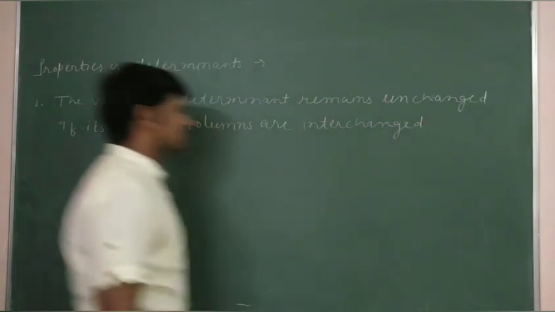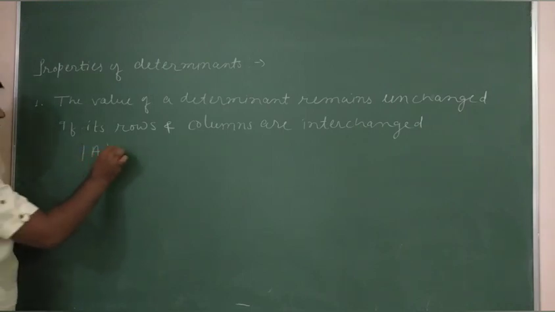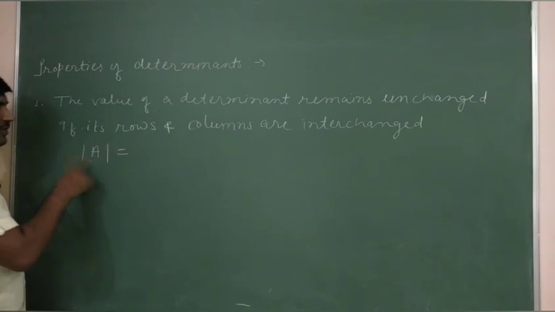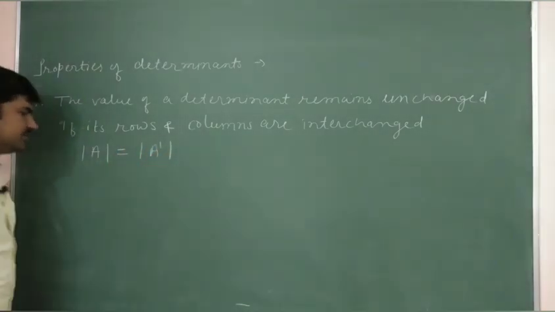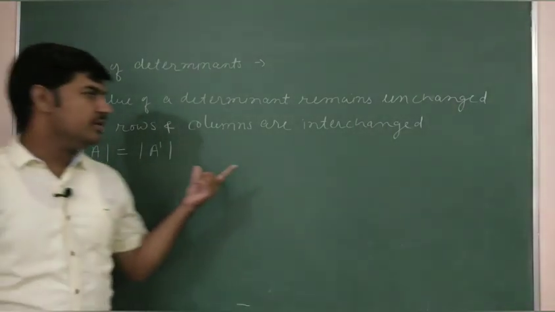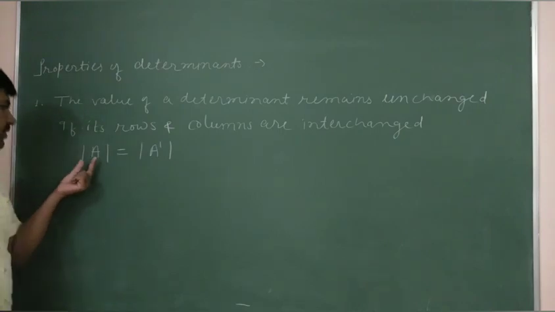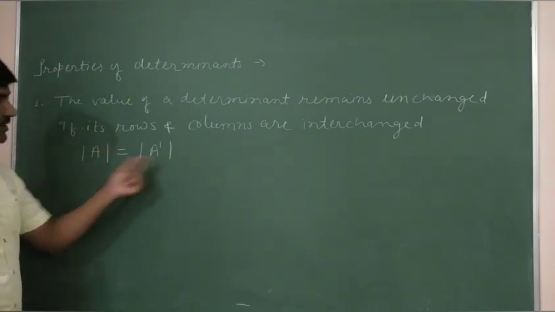Dear students, in short, we can say the property is: determinant of A is equal to determinant of A dash, because when we interchange the rows and columns of a determinant, or of a matrix, then the transpose of the matrix is obtained.